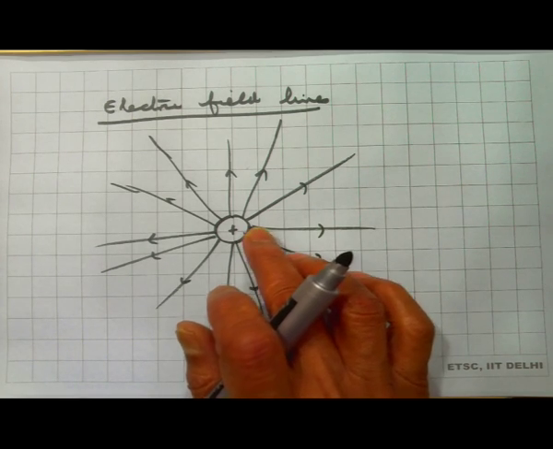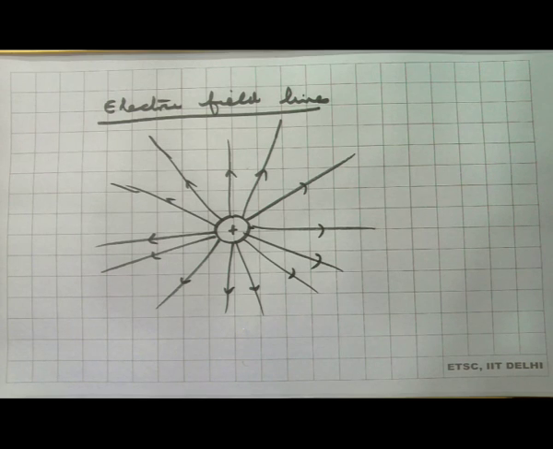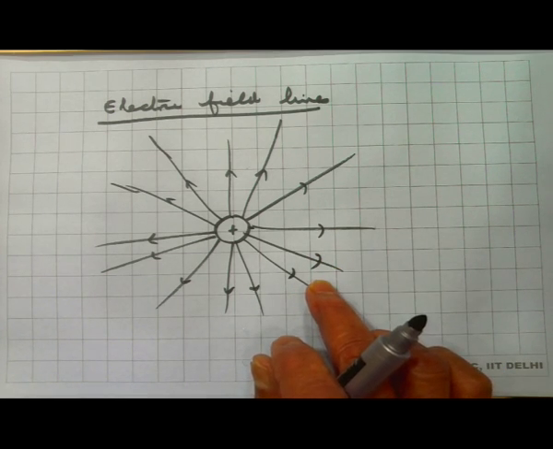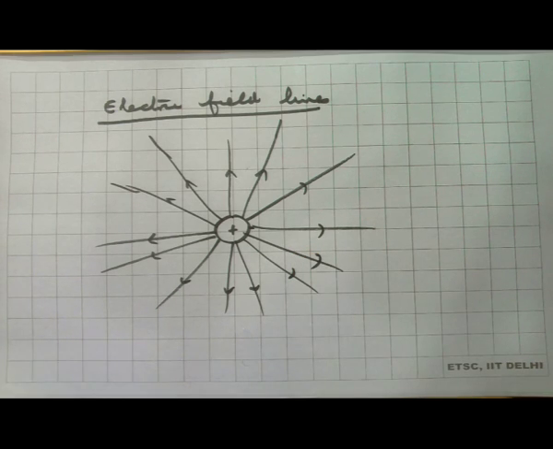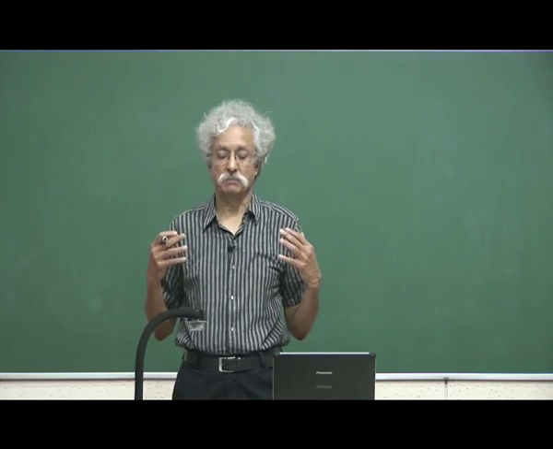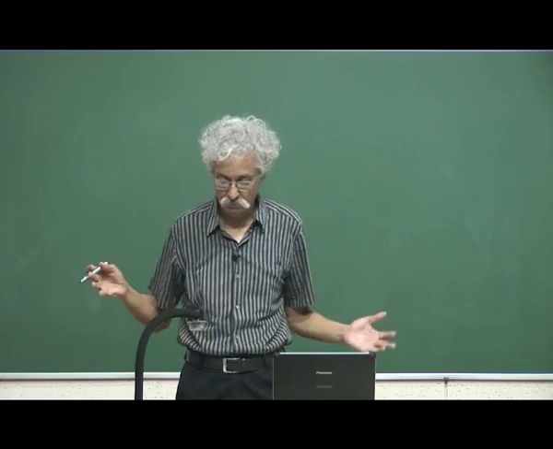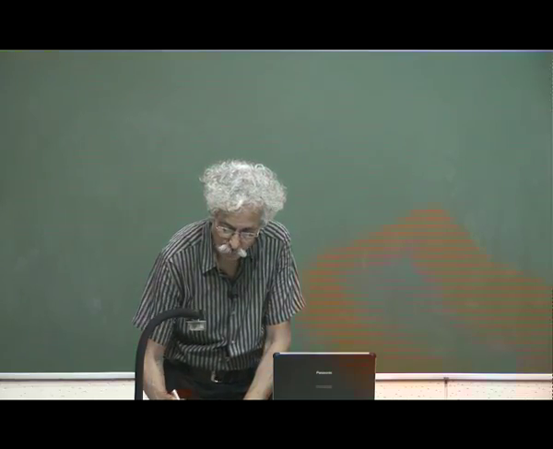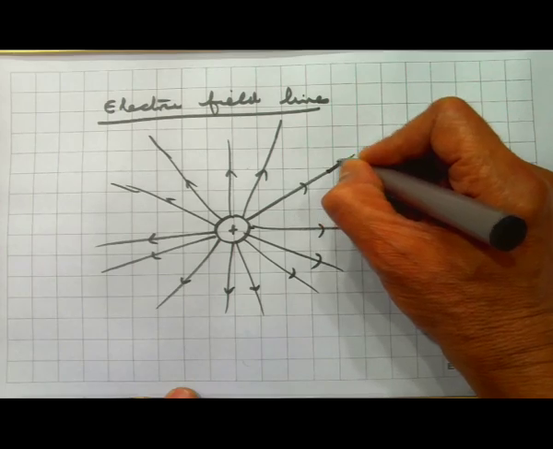So, what I have done now is I have replaced individual vectors by lines. These lines represent electric field lines. Please remember, these are not any line existing in space. These are representations. There is no line in space. All it implies is that this point has an electric field like this.